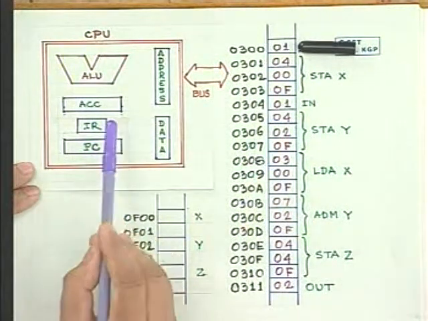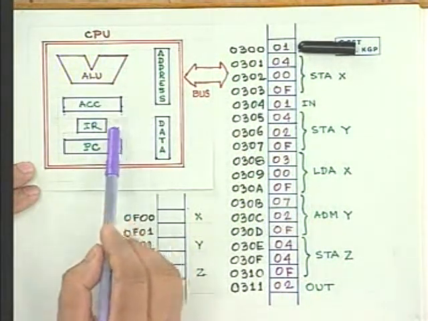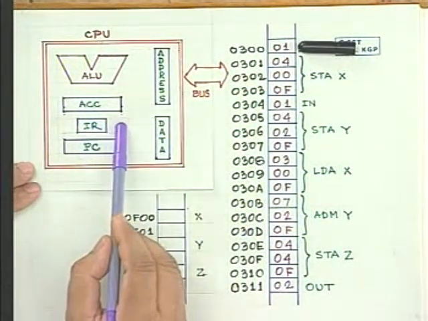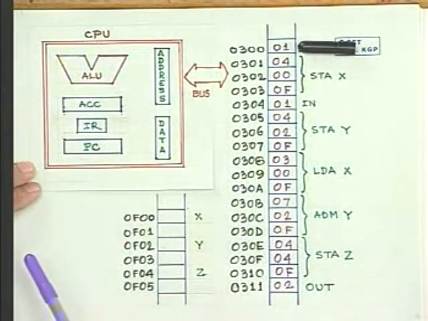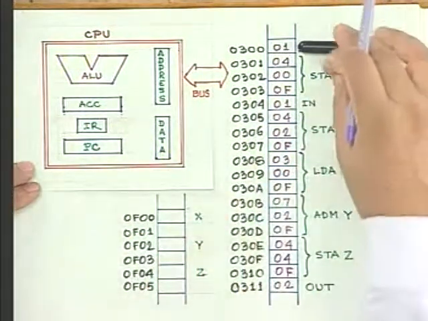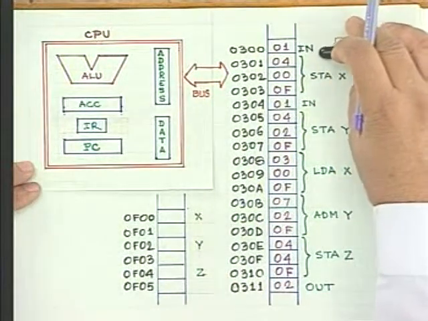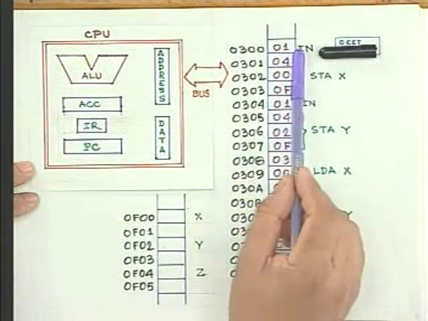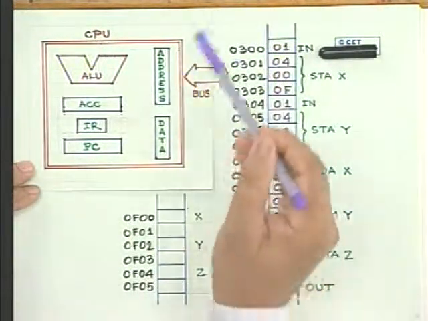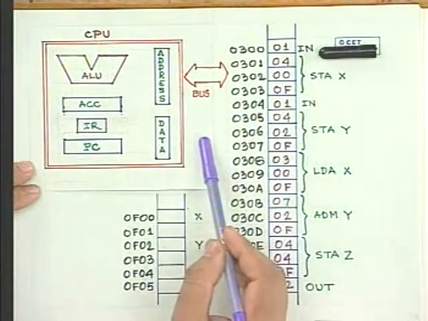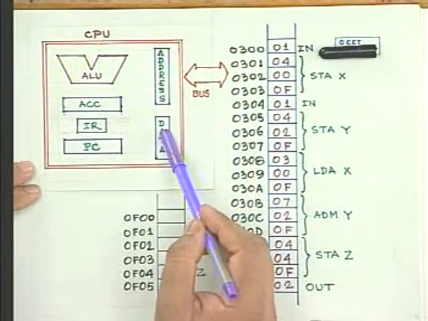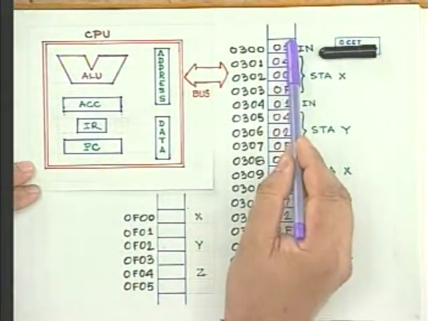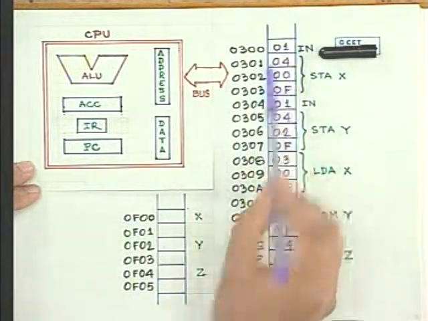There will be another unit, a decoder, which will decode the content of the instruction register to know what instruction is being executed, and seeing that it is an IN instruction, it will input from some external device through the data register a value into the accumulator. And the execution of this instruction is over.